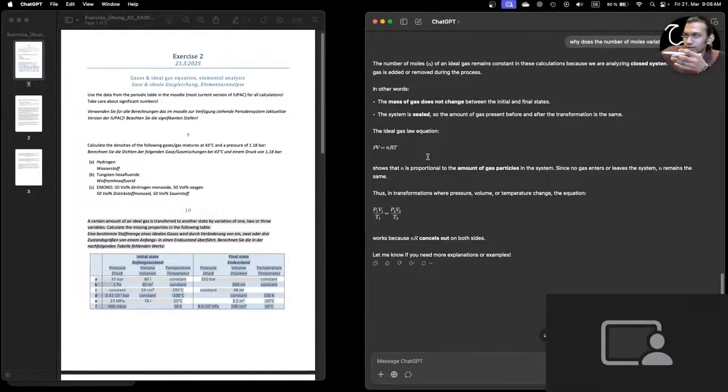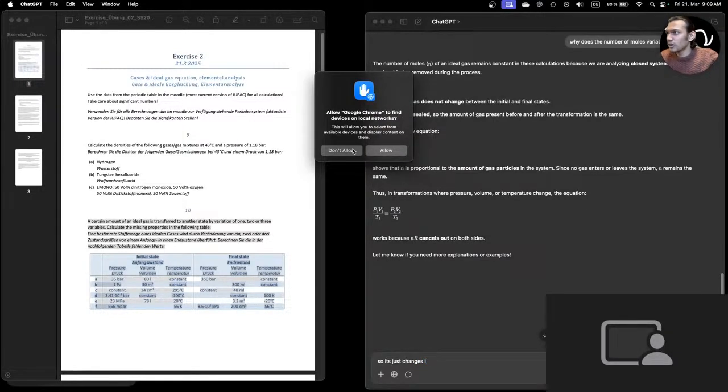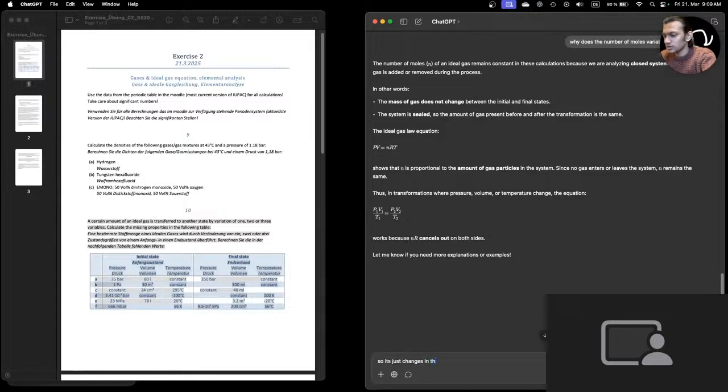So from the question, it's confirmed that this question uses changes in the state of matter, states of gases.